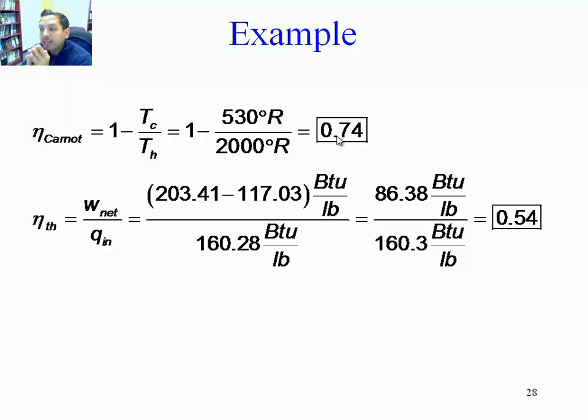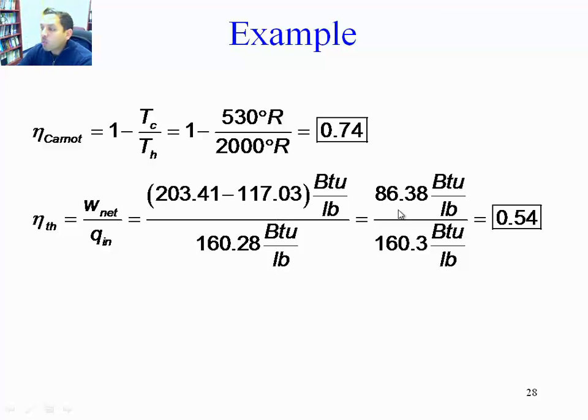If we find that the thermal efficiency is larger than that number, we violated the second law of thermodynamics. So let's calculate the actual thermal efficiency, which is the net work divided by Qin. The net work is work by minus work on, or basically work by plus work on, but work on is already negative.